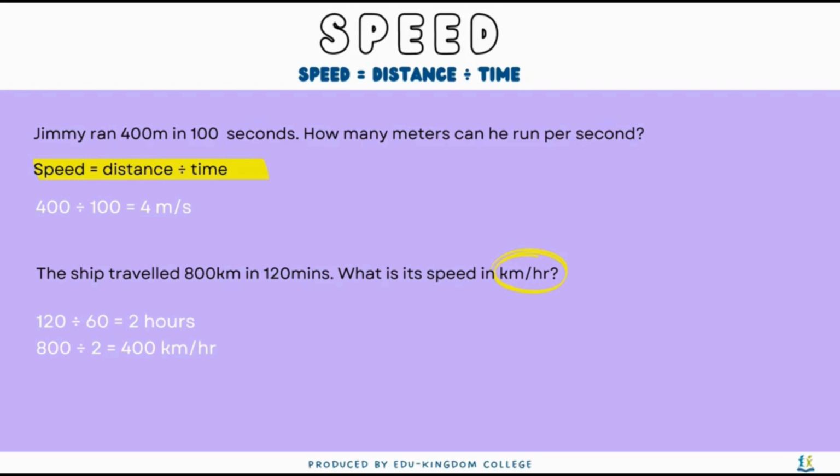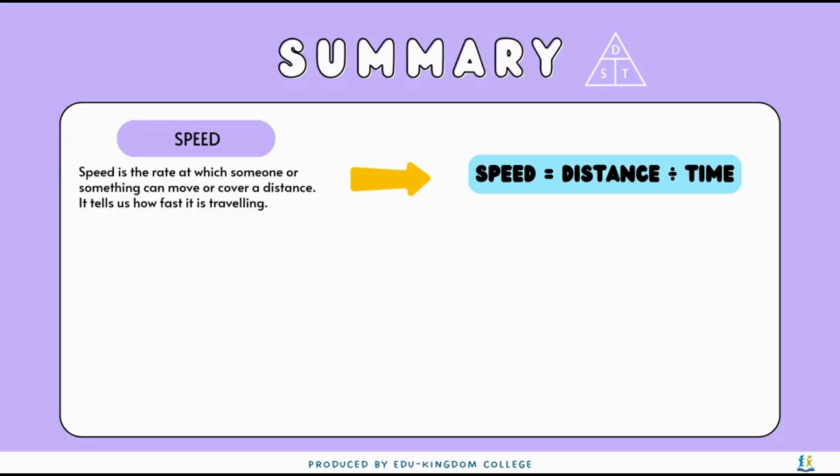What we need to do is convert the minutes into hours and then use those hours to find the speed. We know that 120 minutes is equivalent to 2 hours. Now that I have my components in kilometers and hours, I can do 800 divided by 2, which gives us 400 kilometers per hour. So the ship traveled at 400 kilometers per hour.